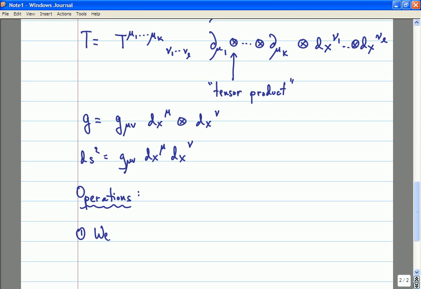Well, we can add together two tensors of the same rank in order to get another tensor of that rank.